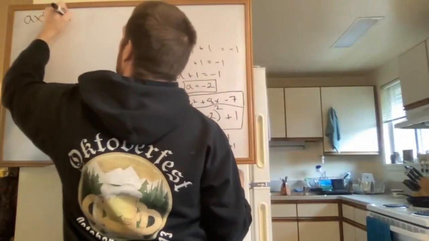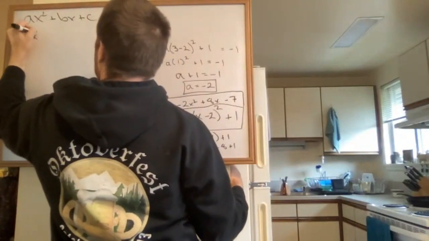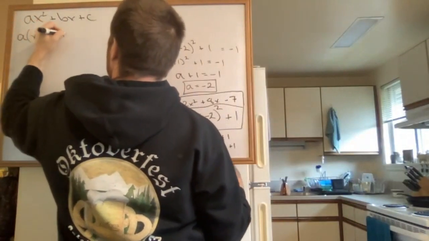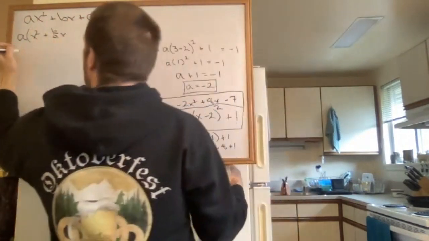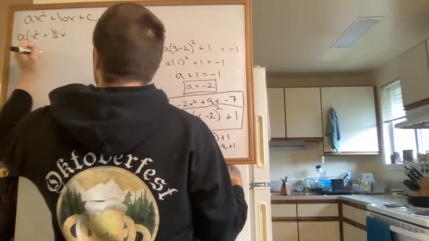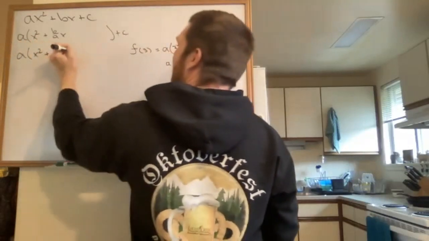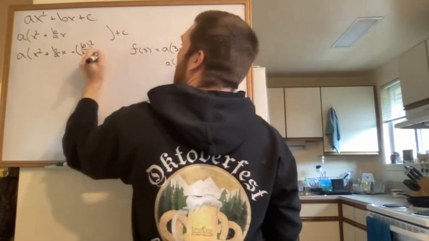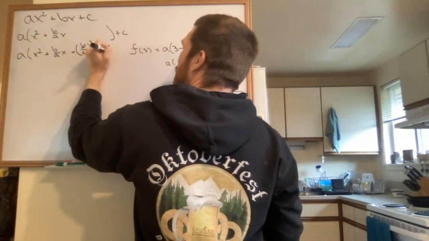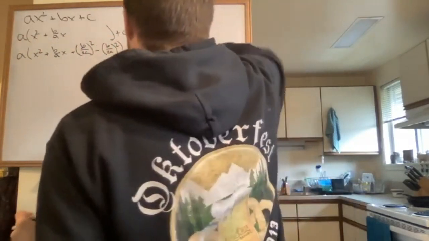Given ax squared plus bx plus c, we could factor out an a, giving me x squared plus b over a x plus c. Taking half of that term, I'm just completing the square here. Half of b over a is b over 2a, quantity squared, minus b over 2a, quantity squared. Finally, plus c.